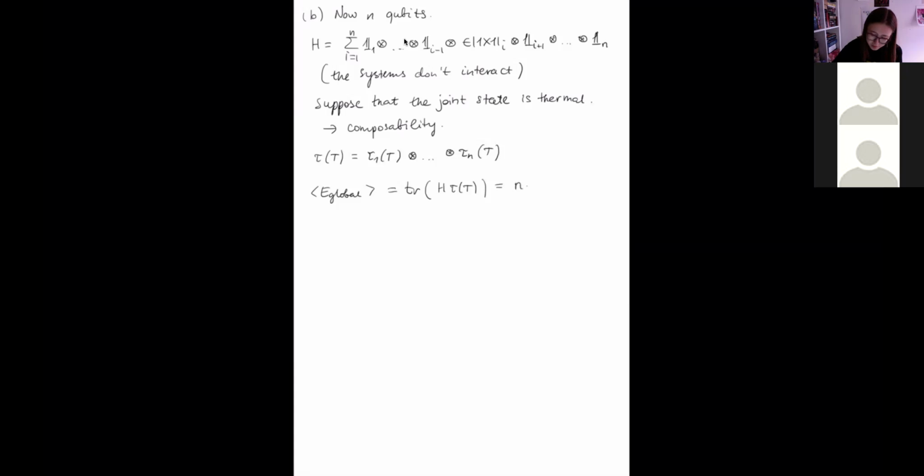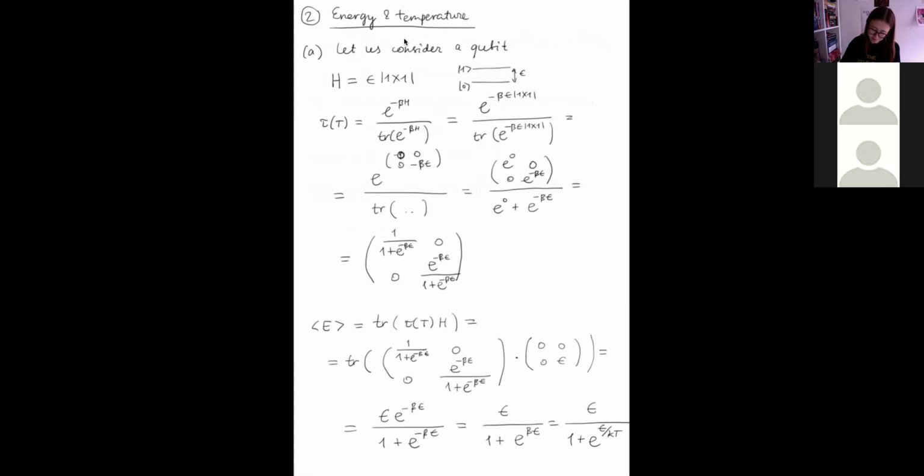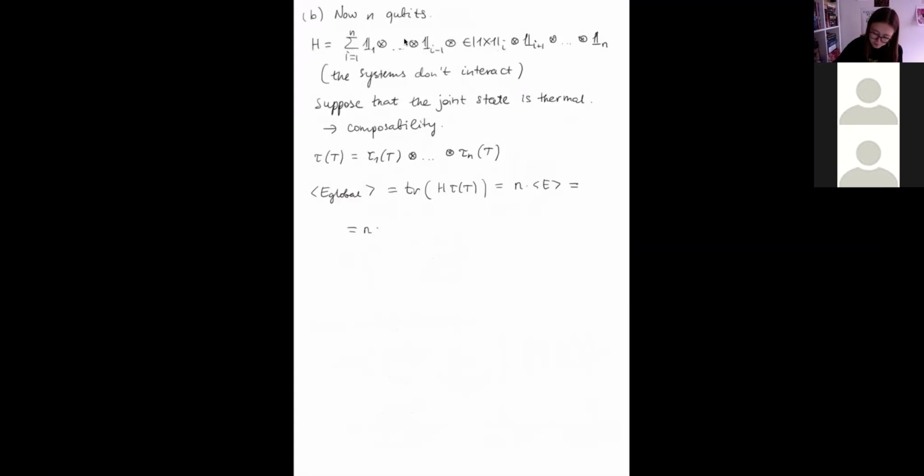So it would be just n times the energy E that we computed in the previous part, which was epsilon over 1 plus e to the power epsilon over kT.